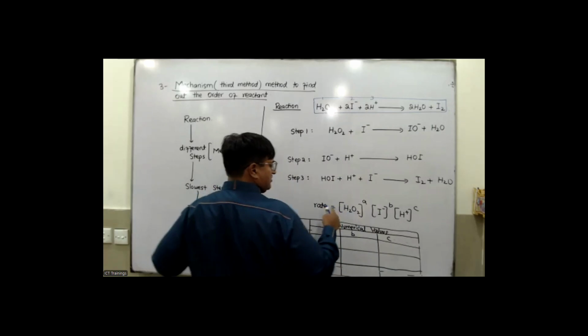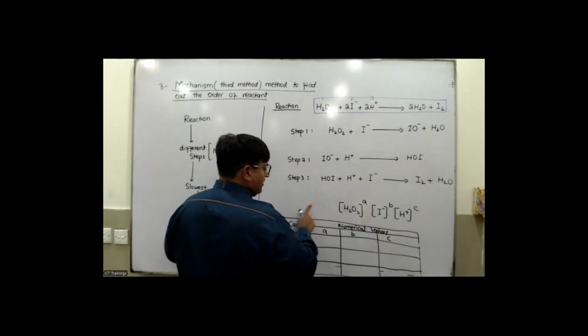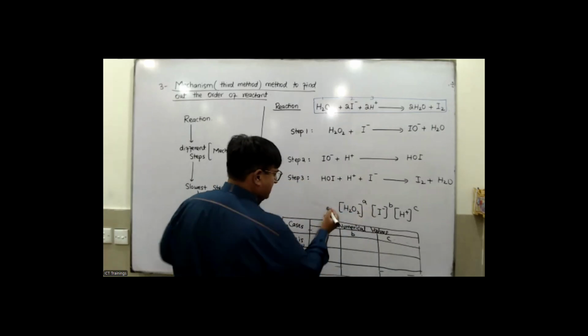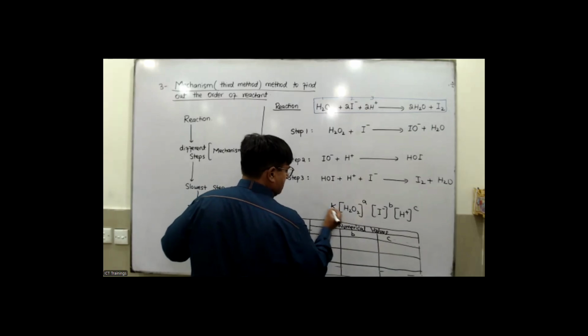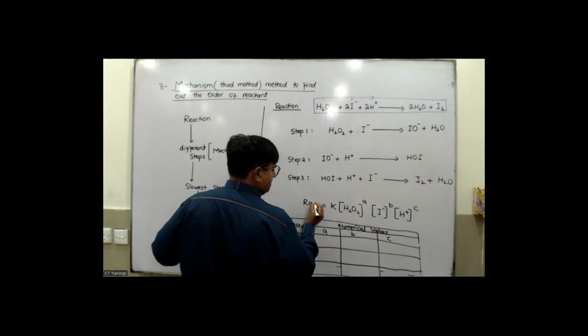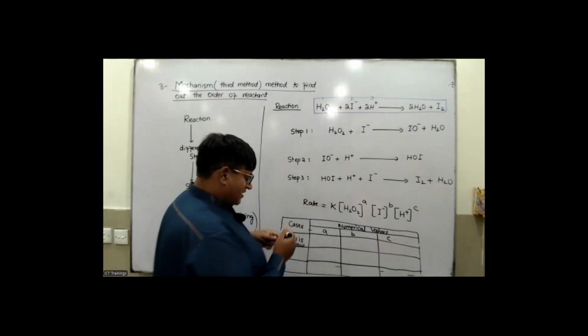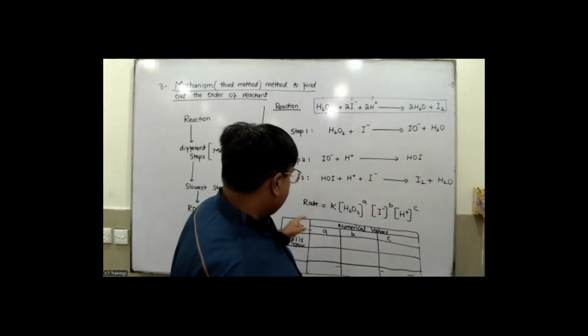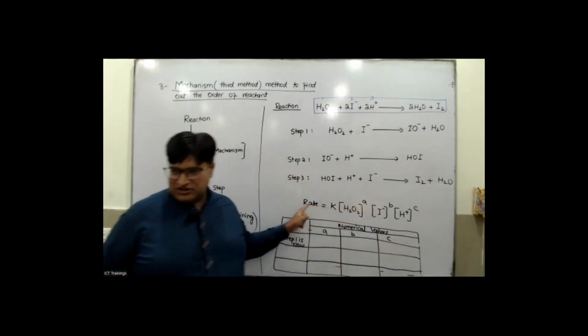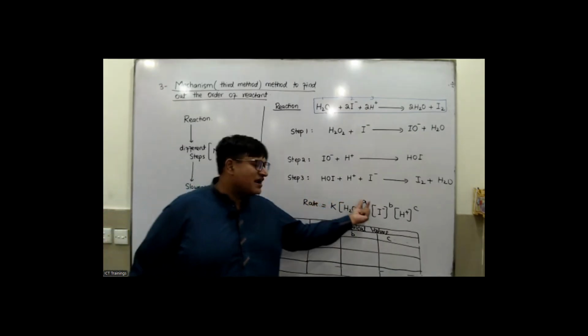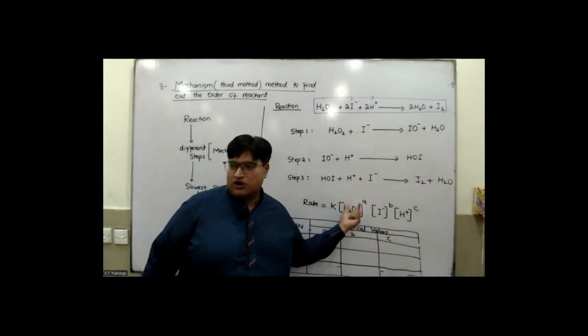So the rate equation has all of these reactants. Sorry, I forgot to write A here. Rate is equal to A. This is the rate equation I have made, but I did not write any value of these orders.